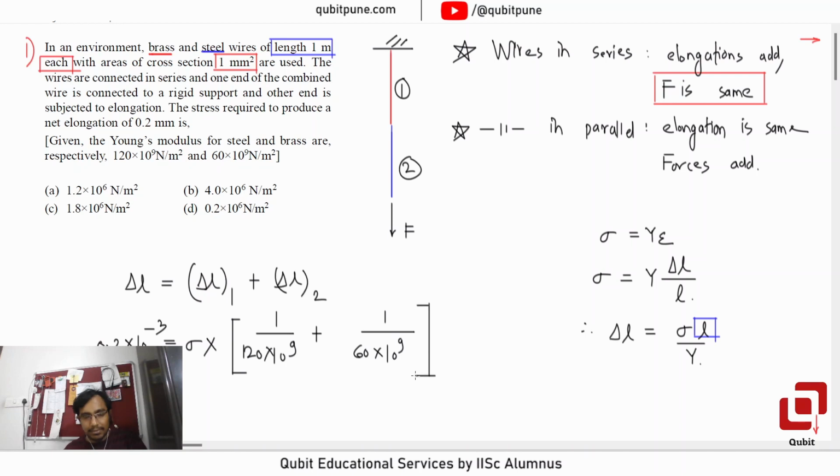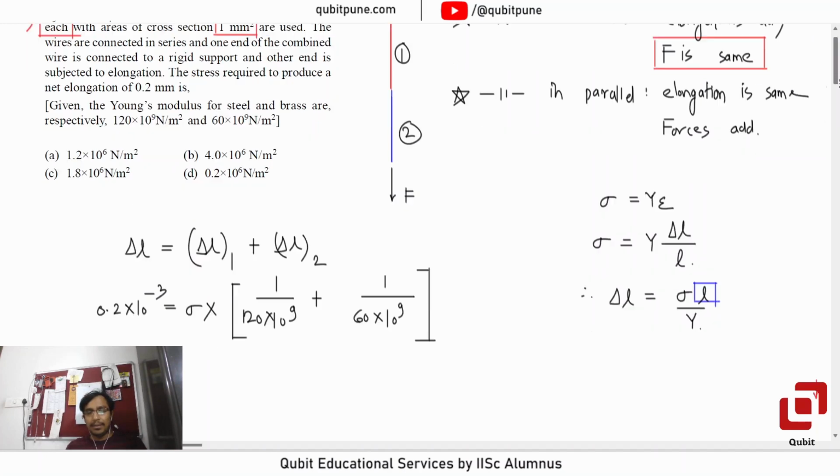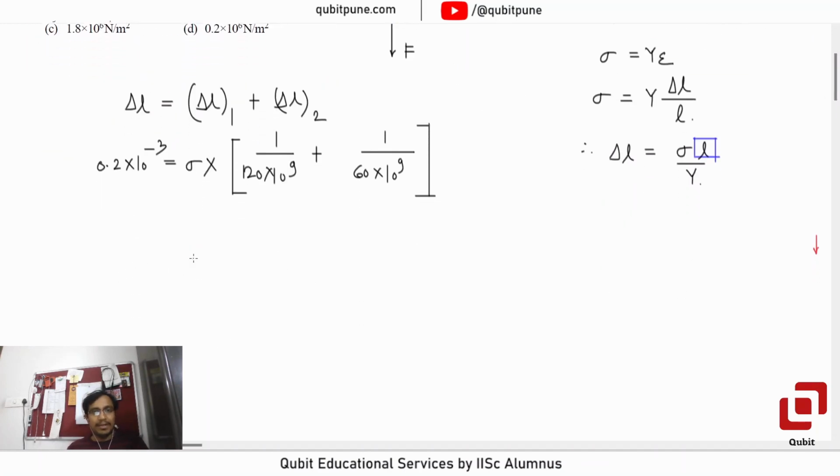So that's a pretty simple equation. We have to now find sigma. How can we find sigma? First, let's get rid of this. We can take 1 upon 60 common, right? Now if we take 1 upon 60 common, we will have 1 upon 2 plus 1, so that will be 3 by 2, correct?